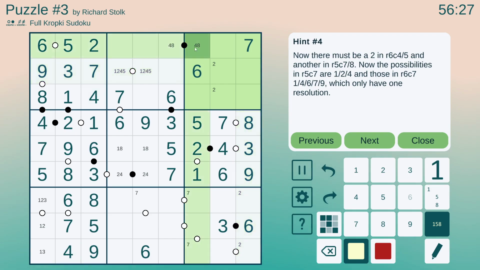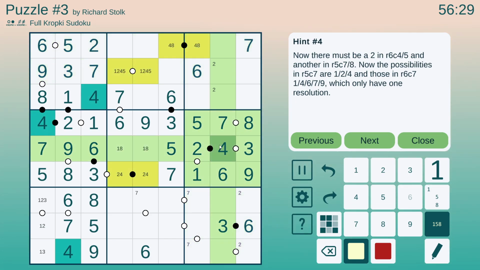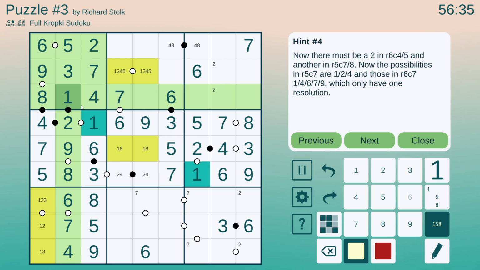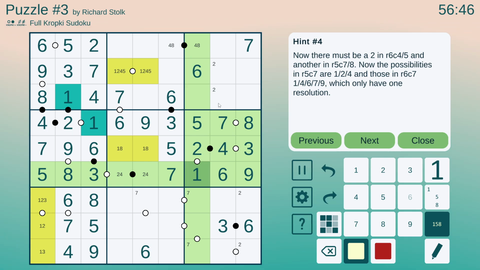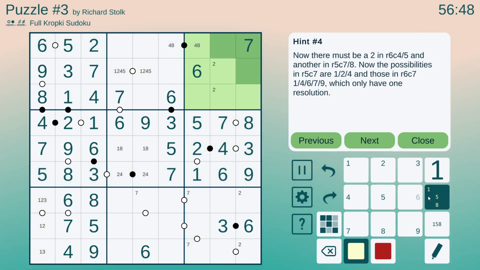The square could be a 4, but the 4 is pretty restricted in there. The square can't be a 1 because it's in the 2 zone. So 1 is in one of those 2 cells. Don't know how usable that is, but that's something.